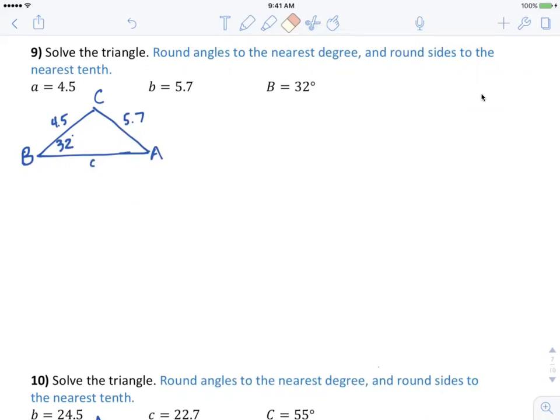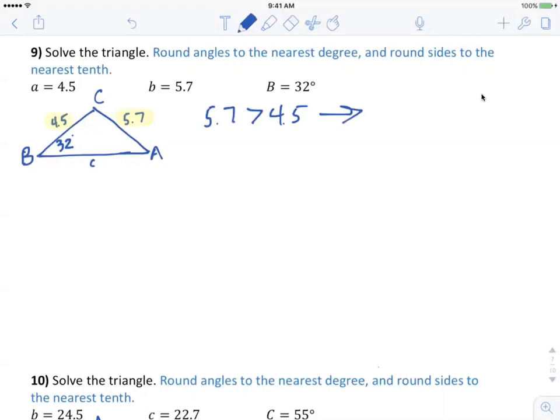The way I know that there's only one solution here is because that side that's opposite, the 5.7, is bigger than the 4.5. So if that's the case, when you set these up, then you know it's just one triangle. So I could just write what I'm saying there. 5.7 is bigger than 4.5.